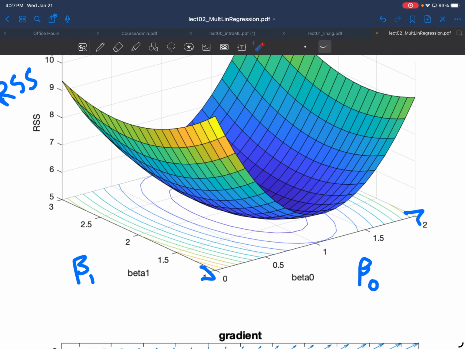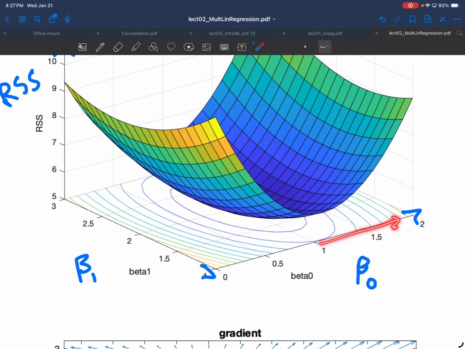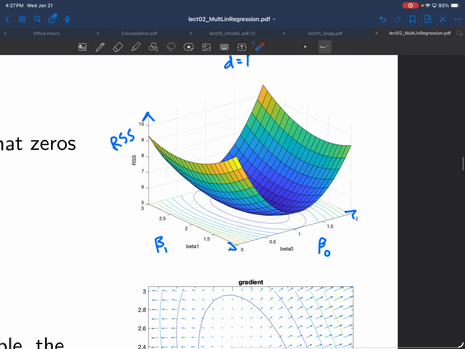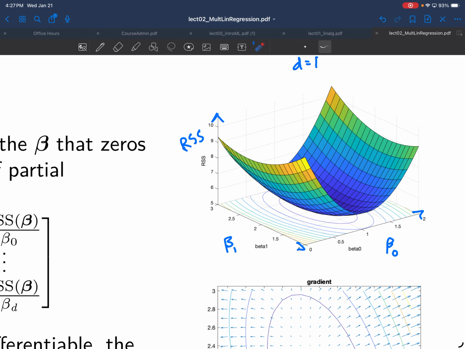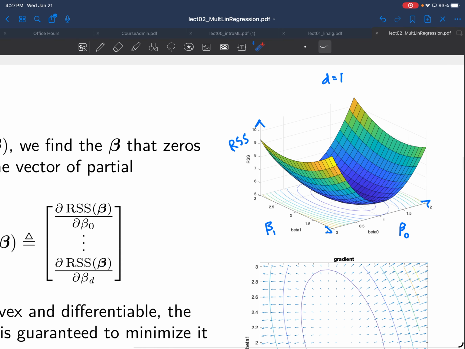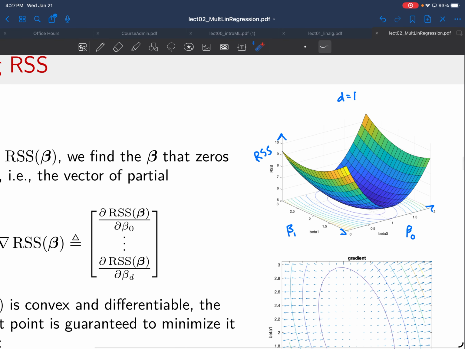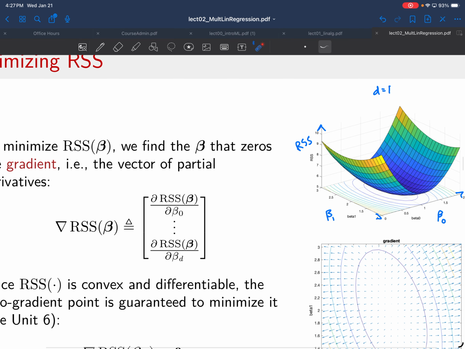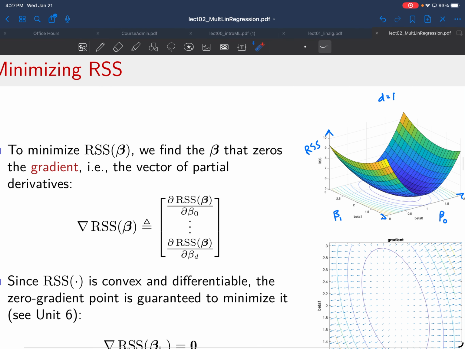And in this two-dimensional case, it really suffices to just look in the beta 0 direction and the beta 1 direction. And we want to find the place where the slope is 0 in those two directions. And that's all we want to do. And it turns out that there's a nice mathematical construct for doing this called the gradient.